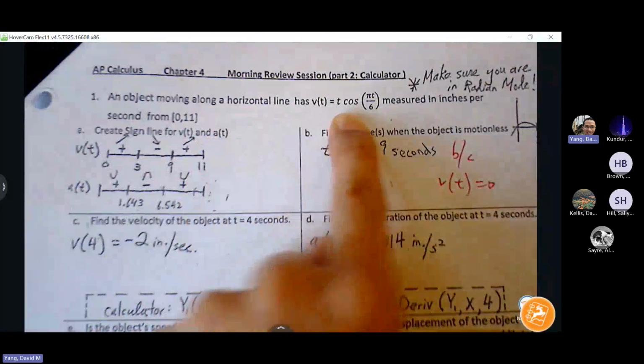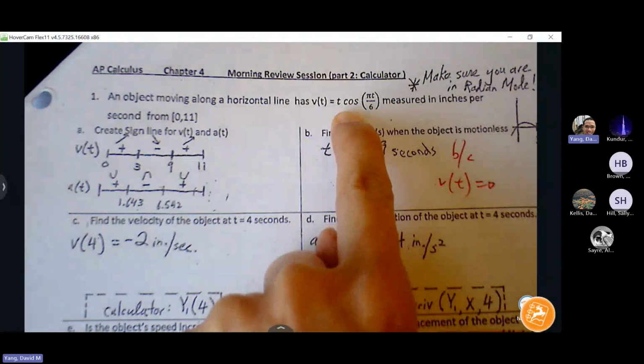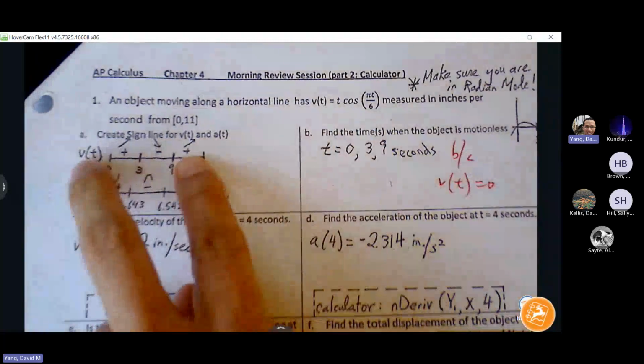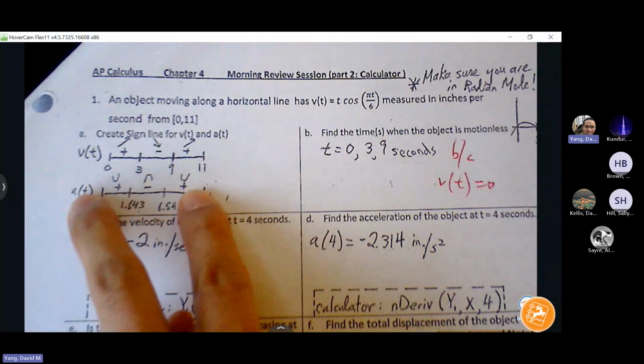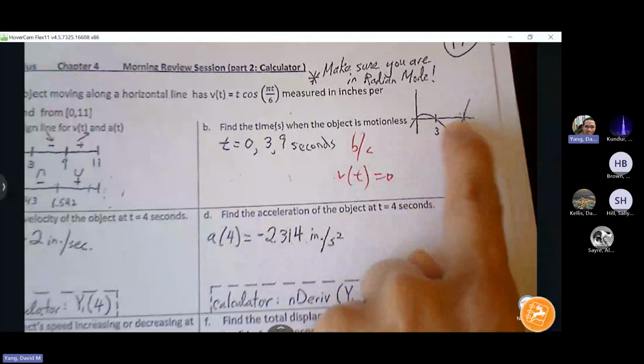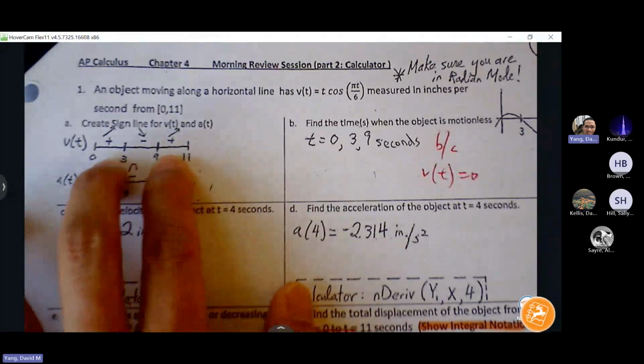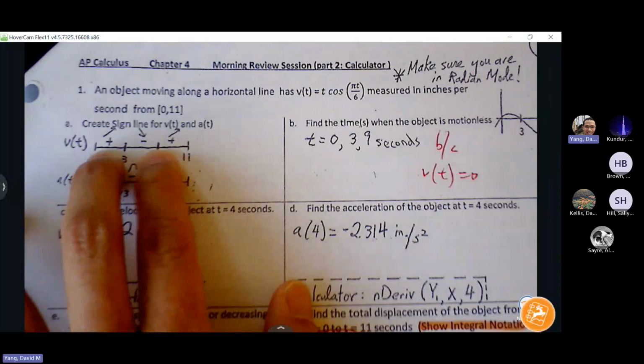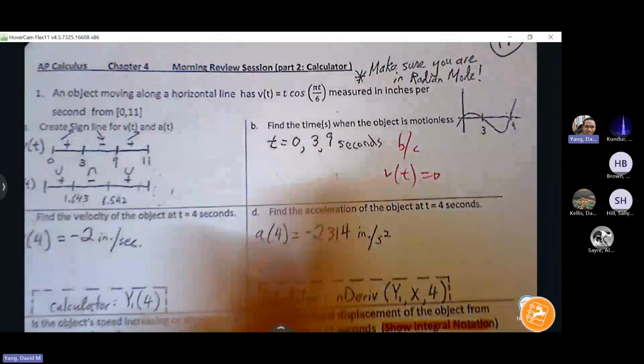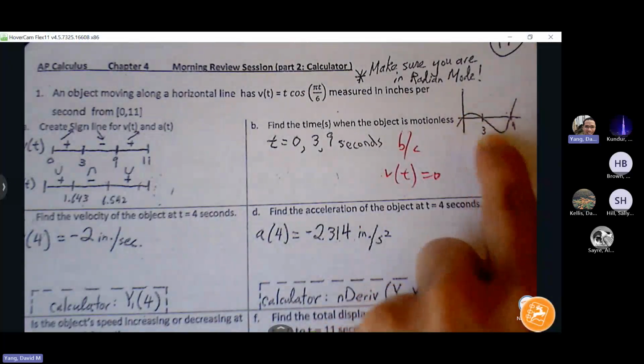Okay. So first we sketched our graph, right? And we know how to create our sign line because x-intercepts will be your critical points on your velocity function. Above and below is whether you have positive or negative velocity. And the peaks and valleys, the hills and valleys of your velocity graph, will be your points of inflection.